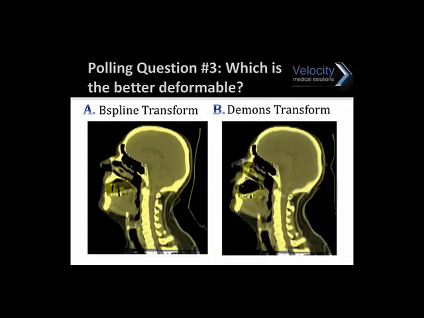So again, on the left-hand side, we've got the B-spline. It looks like the lower mandible, all those voxels moved down. The top of the head kind of moved upward. On the Demons, there are definitely some interesting results in this particular algorithm that we're showing. We have the brain voxels that seem to be splitting apart.